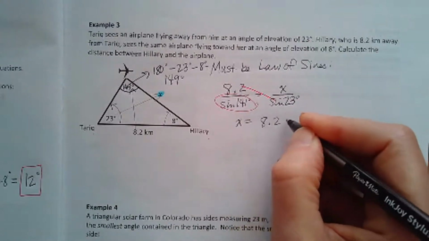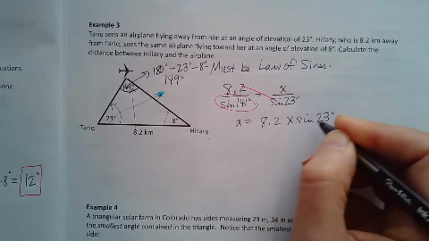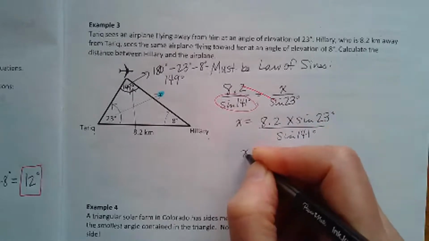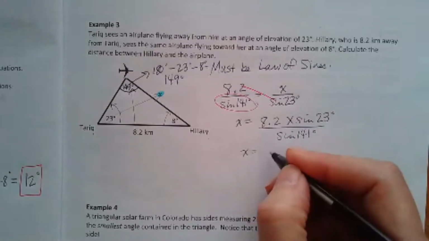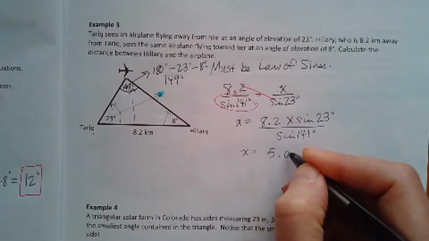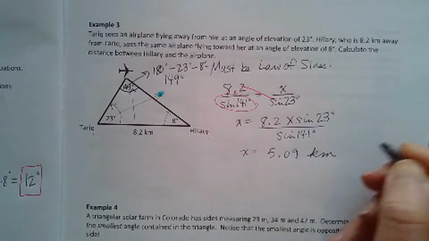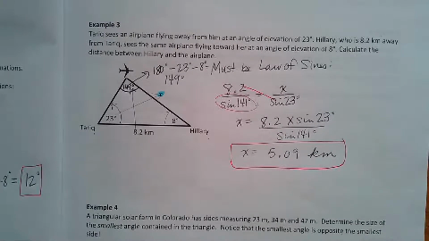So 8.2 times sine of 23 divided by sine of 141, and that should give me my length of x. And I get 5.09 kilometers. And that's how far Hillary is from the plane.